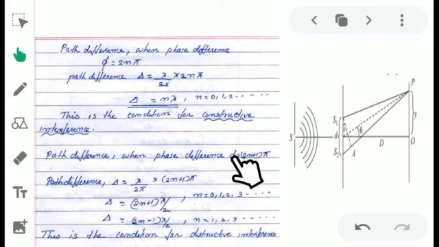For constructive interference, the path difference is equal to n lambda and the phase difference phi is equal to 2n pi. For destructive interference, the path difference is equal to (2n plus 1) into lambda by 2 and the phase difference is equal to (2n plus 1) into pi.